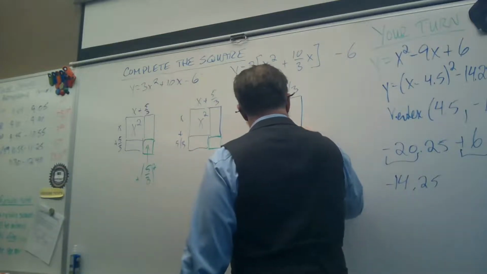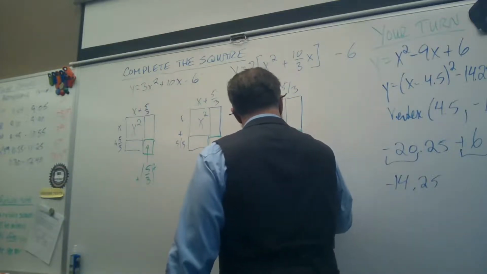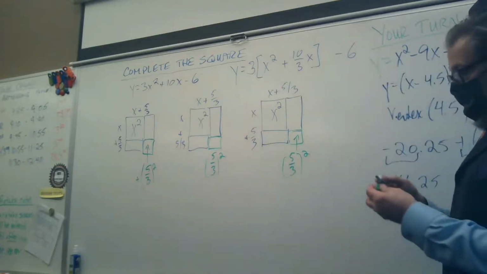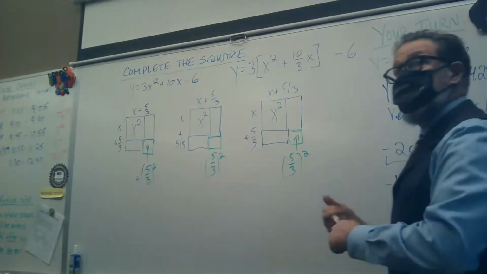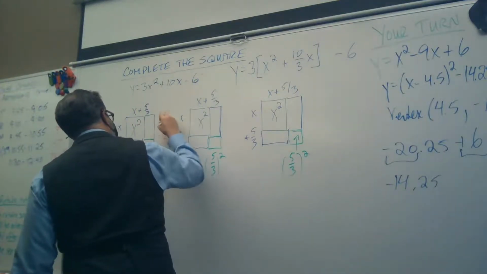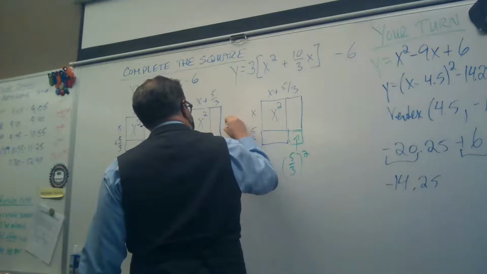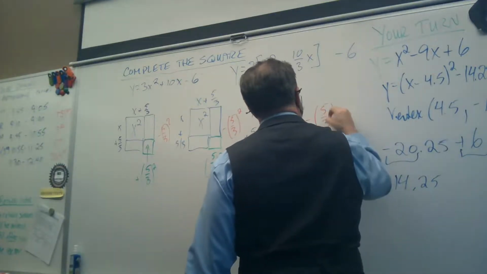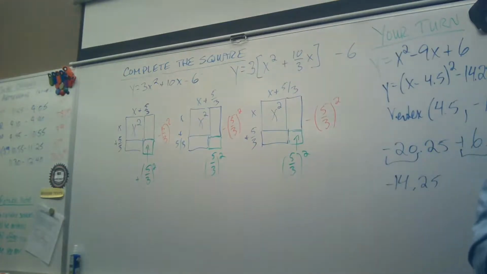And here's a 5/3 squared. And then I need to subtract 5/3 squared from the first one. And I need to subtract 5/3 squared from the second one. And I need to subtract 5/3 squared from the third one.